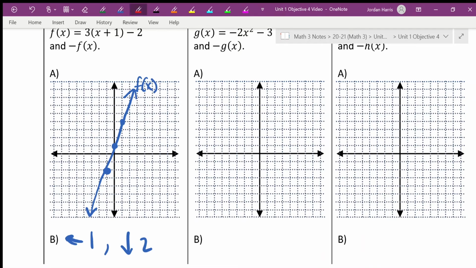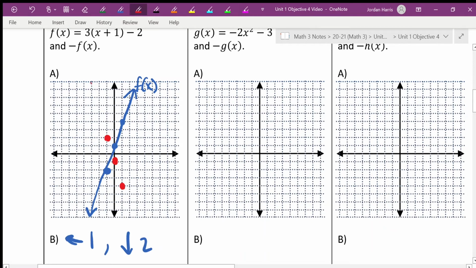Then I'm going to reflect. So that would be about the x-axis. So basically you go from the x-axis, look how far above that point is. Now go that same distance below. How far above that one is. So 1, 2, 3, 4. Go that far below. This one's below 2, so I'm going to go above 2.